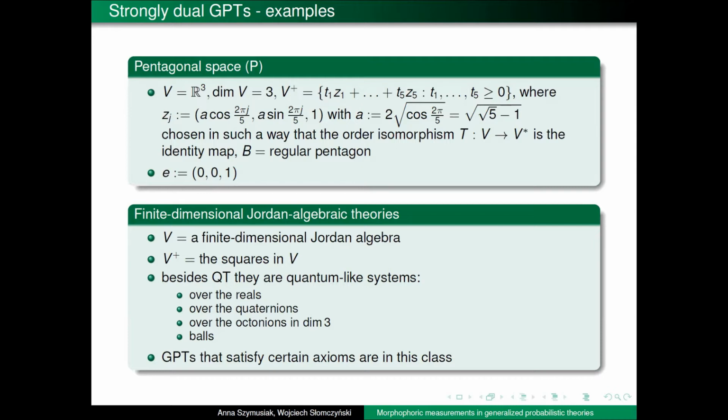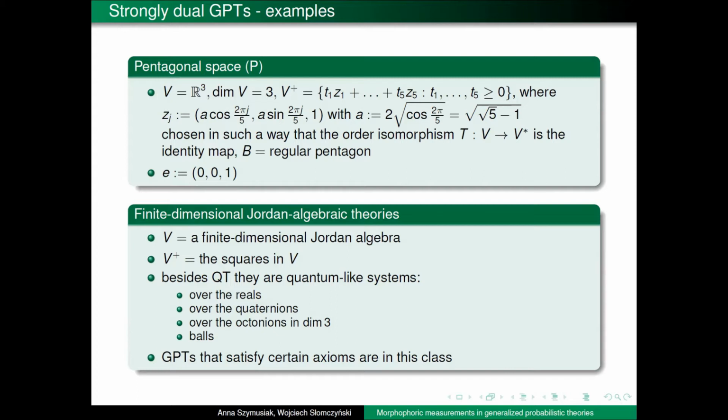There is also a huge class of famous GPTs that are generated by Jordan algebras. Here, the space is a finite-dimensional Jordan algebra. The positive cone is given by the squares of elements of this space, because there is an additional linear operation in a Jordan algebra.